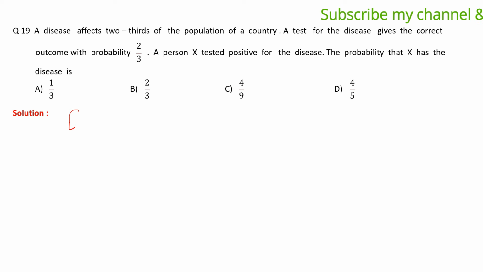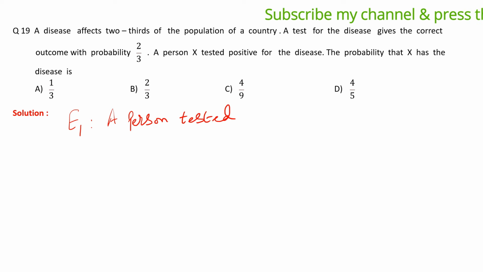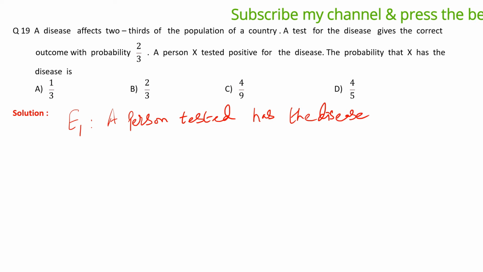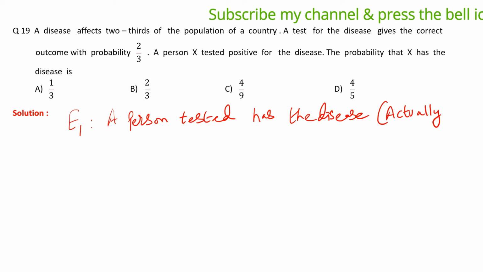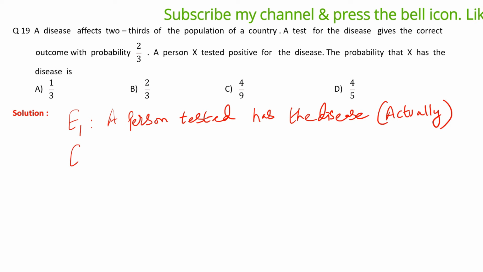Now I assume the event E1 as a person has the disease. Actually, that means it's not the positive report given by the test, but that the person has the disease actually.